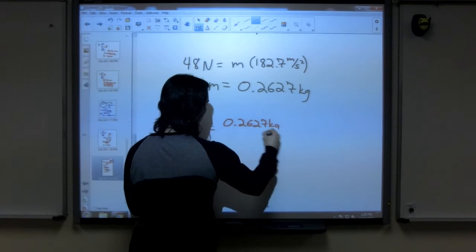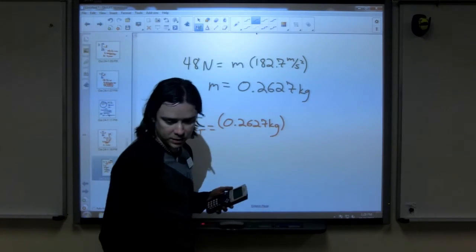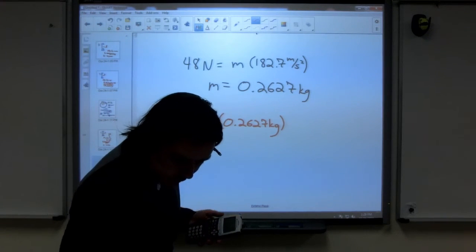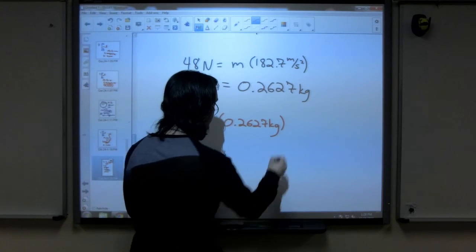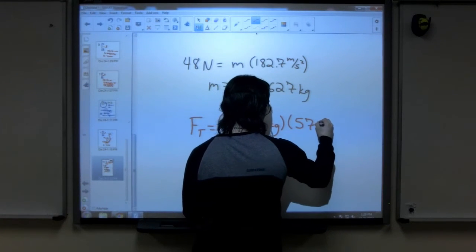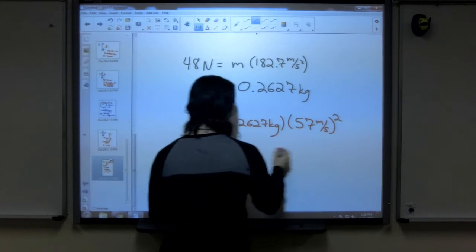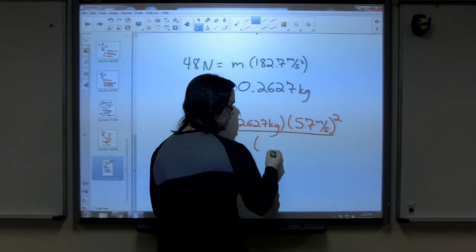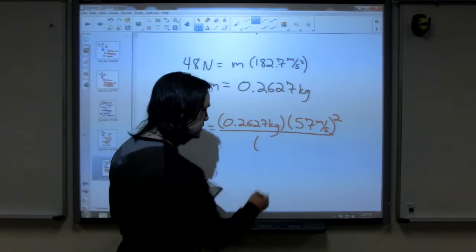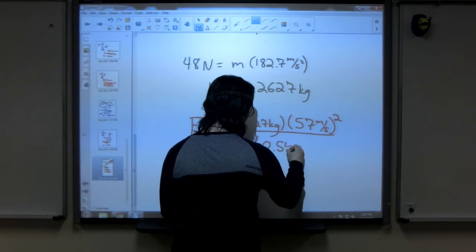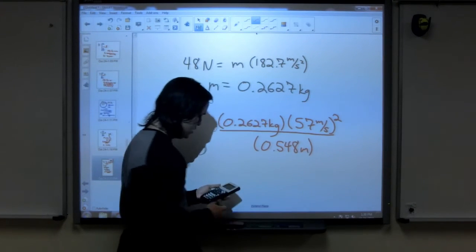0.2627 kilograms, times, they said that the speed it was going when it broke was 57 meters per second, quantity squared, divided by the radius that it broke at, which is 0.548 meters.